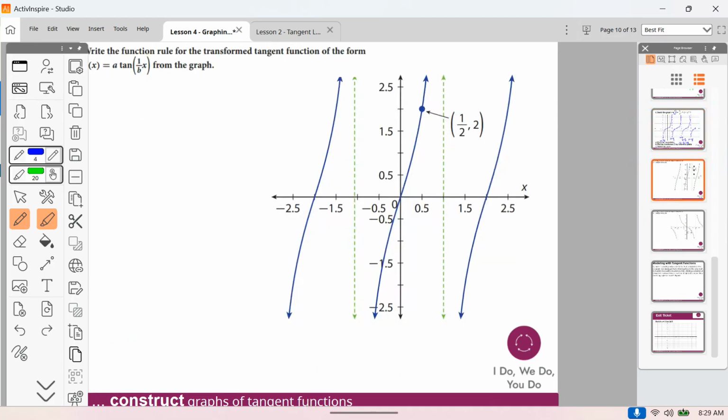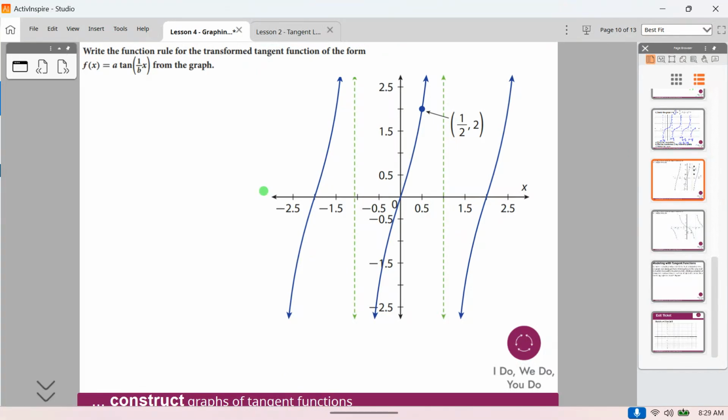Okay, let's have a go at doing it the other way around. So we have to write a function for the transformed tangent shown here. So firstly, what I look at first is it's going up like this. So there's no negative value in the value of a. Here is our center.